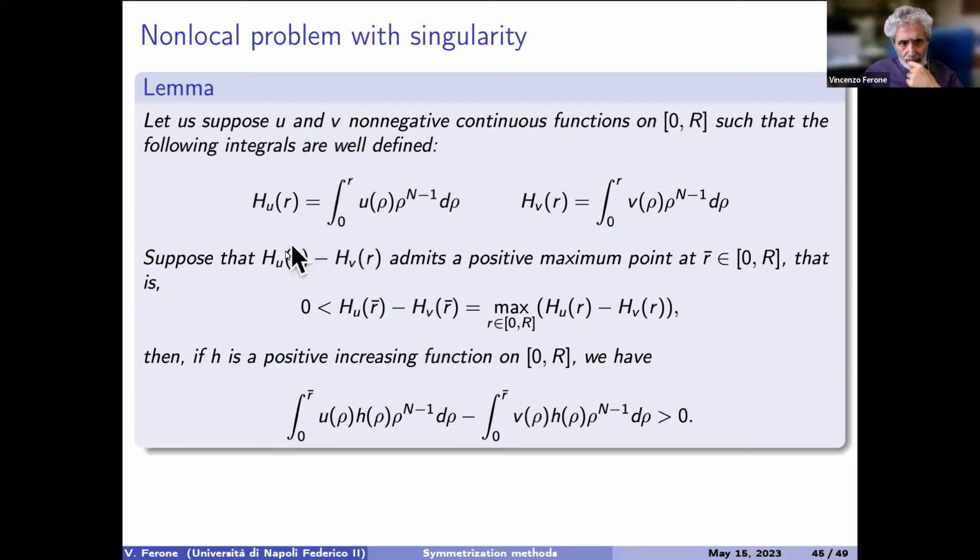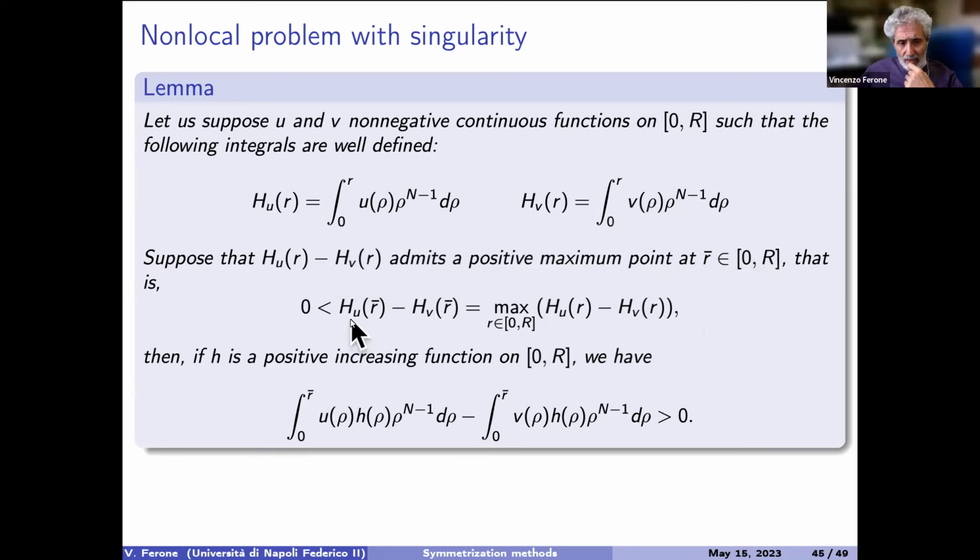And suppose that h of u is the integral between 0 and r of u rho, hv is the same integral of v, and suppose that hu minus hv admits a positive maximum point in a certain point r bar.